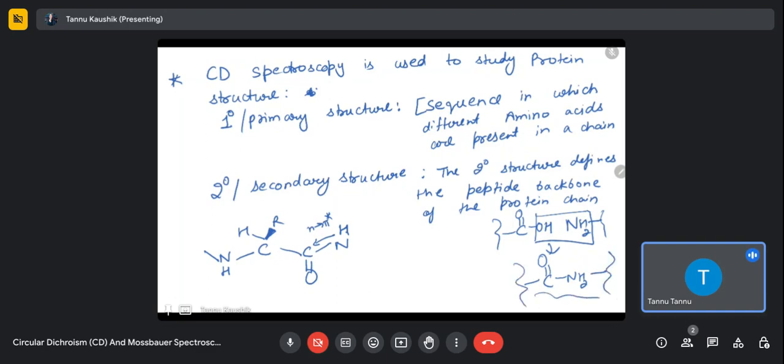And this is what forms the backbone of the protein chain, which we call a peptide backbone or an amide backbone.